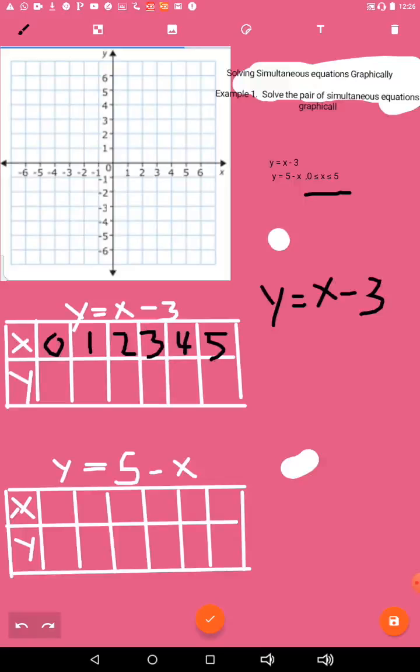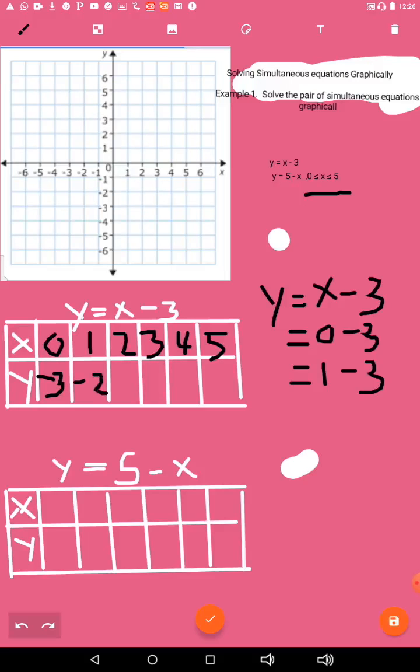So in the first case, where x is equal to 0, it's going to be 0 minus 3. And that answer is minus 3, so we're going to put it there. Alright, next case, when x is equal to 1, 1 minus 3 is what y is, and that is negative 2.